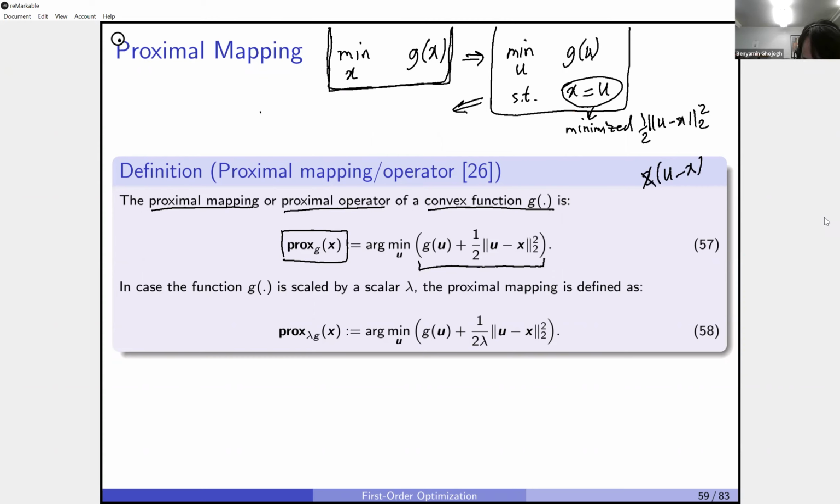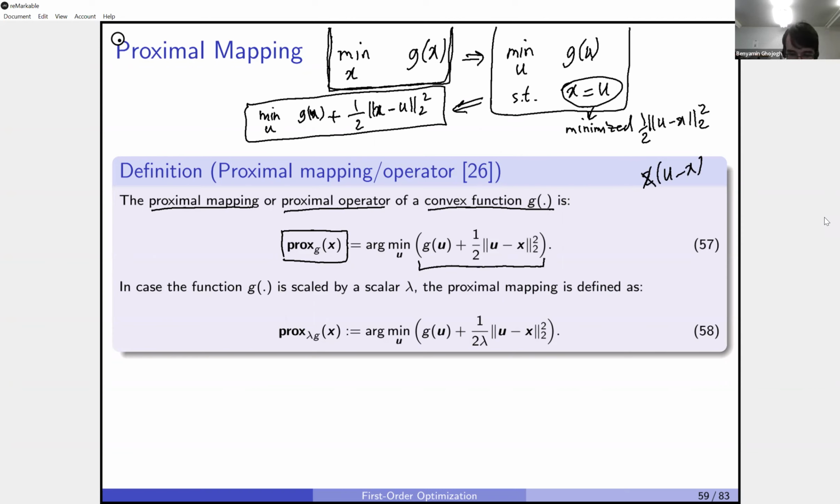We are saying let's convert this constrained optimization problem to an unconstrained optimization problem by adding the constraint as a regularized term. We are penalizing the constraint. Okay, so 3 steps we are having.